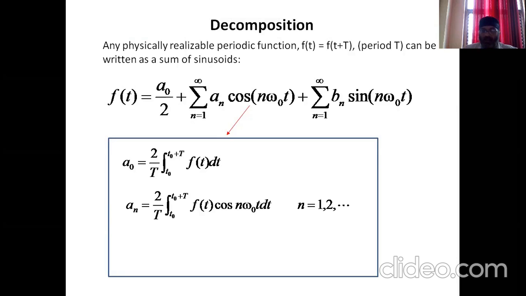And we know that this is possible using Fourier series. So this fundamental can be calculated by integrating the actual function from any time instant t0 to t0 plus 1 time cycle, and then taking an average divided by 2.